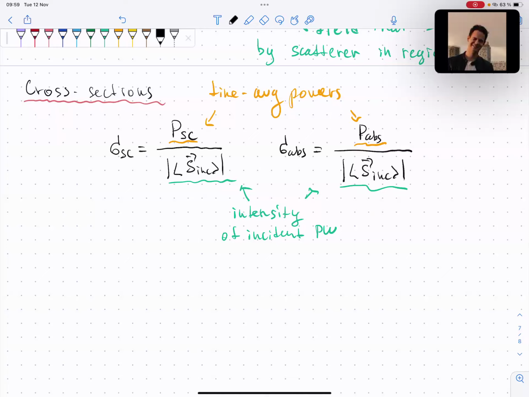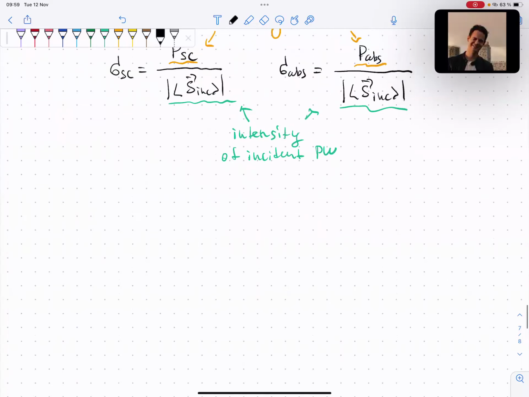So, speaking about how we can calculate these cross sections, we know that power in some electromagnetic field is just the integral of the Poynting vector over some closed surface.